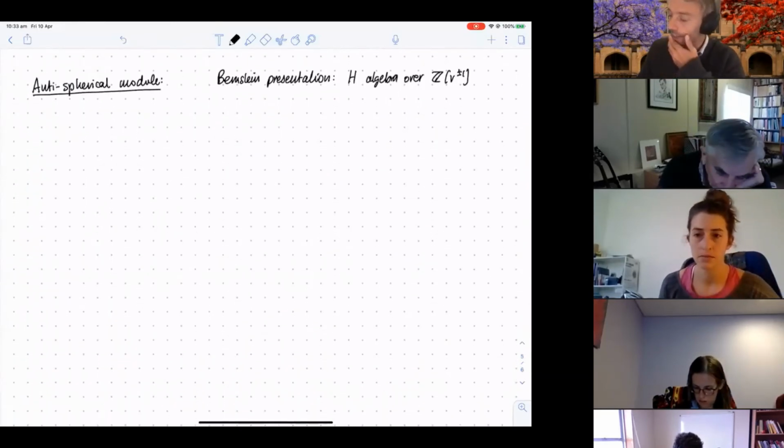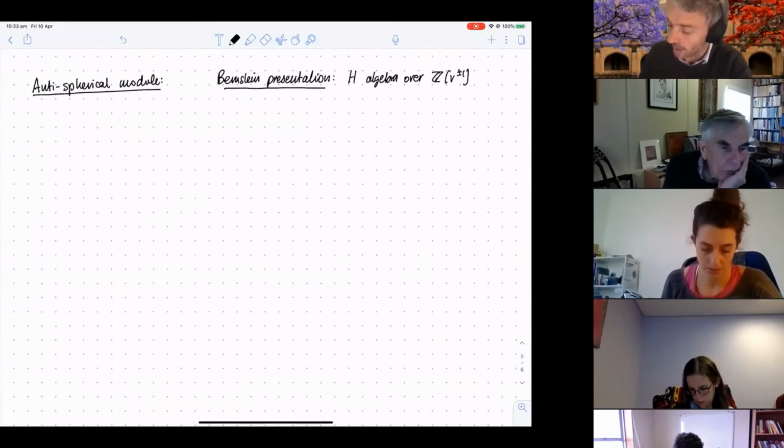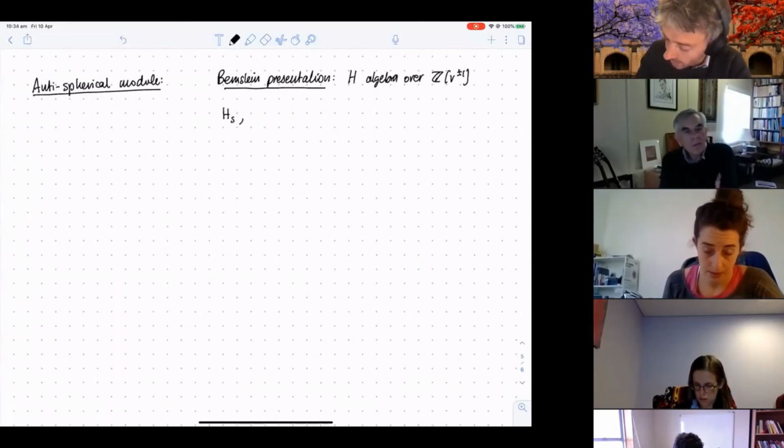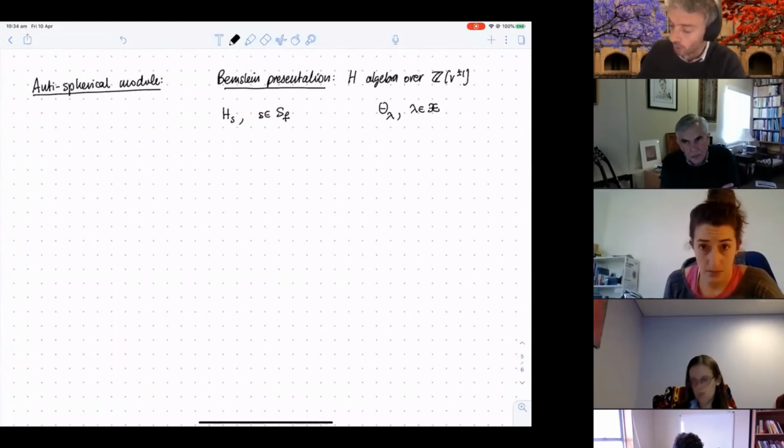So the Vanstone presentation tells us the affine Hecke algebra is an algebra over Z[v, v inverse] with a kind of finite part. This is generated by HS for S in SF, and a lattice part generated by theta lambda, where lambda is in these characters from before.